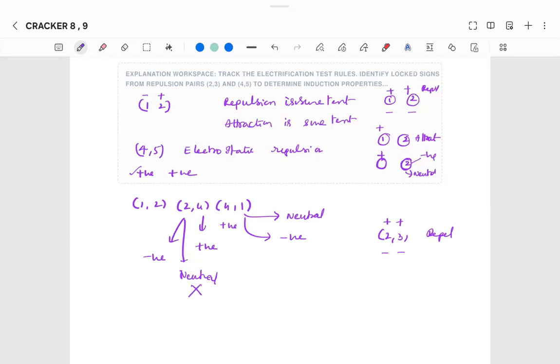So neutral is ruled out. So 2 must be negative, right? So now 1 and 2 attract, 2 must be negative, which means 1 can be positive or neutral.